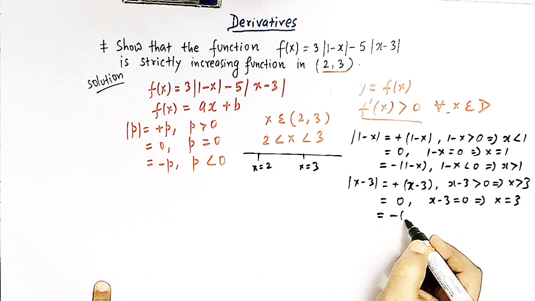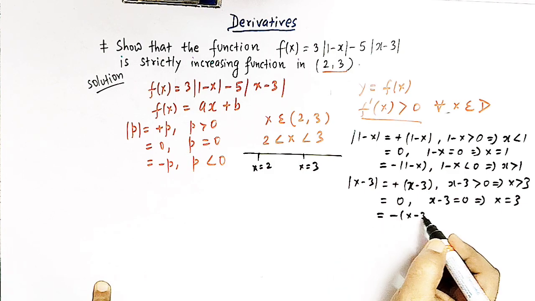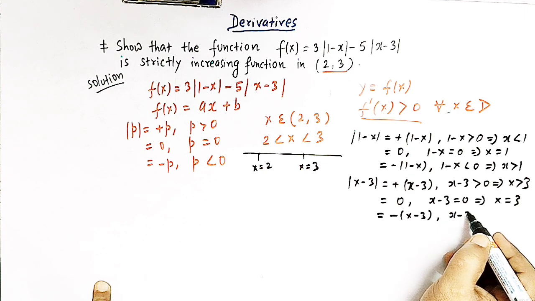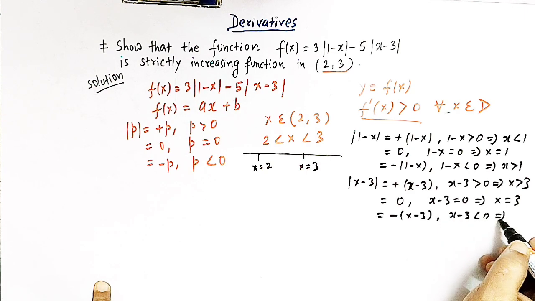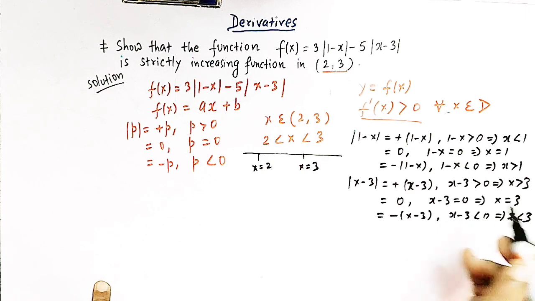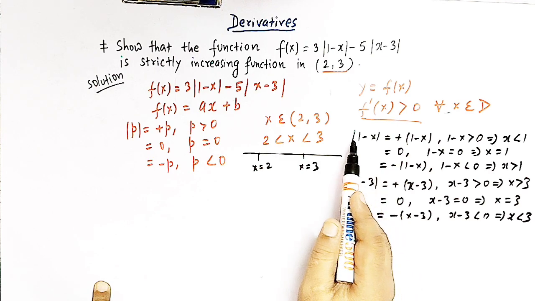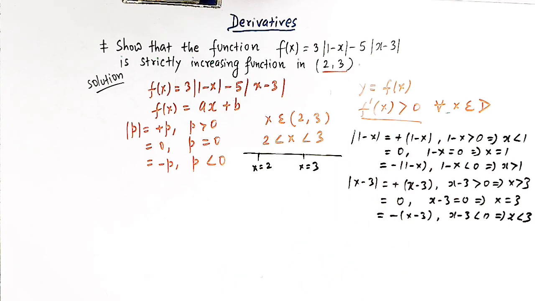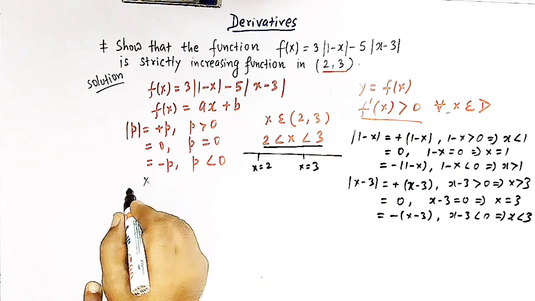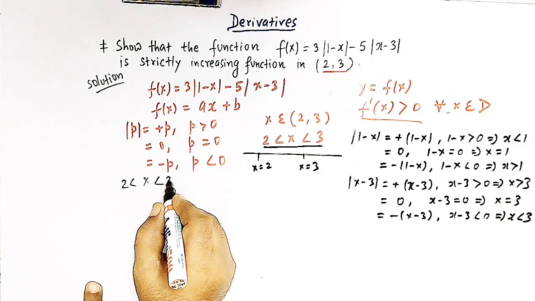And here we have negative (x minus 3) when x minus 3 is less than 0, that is x is less than 3. So this is how we can define mod of 1 minus x and mod of x minus 3. So now here we have the interval x greater than 2 and less than 3.